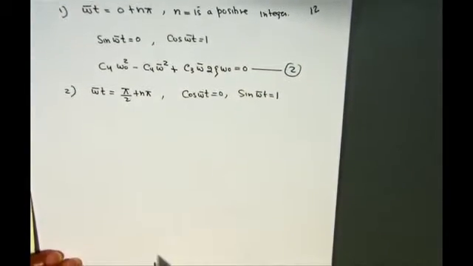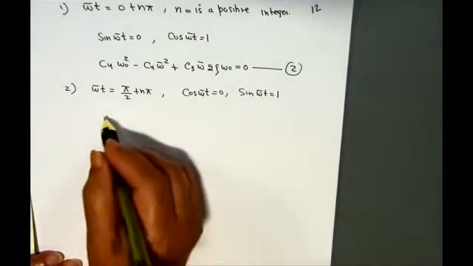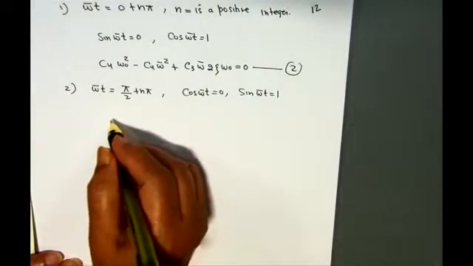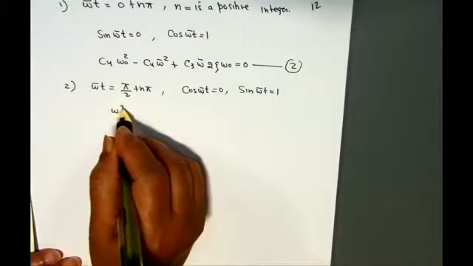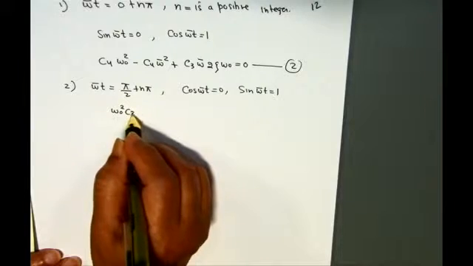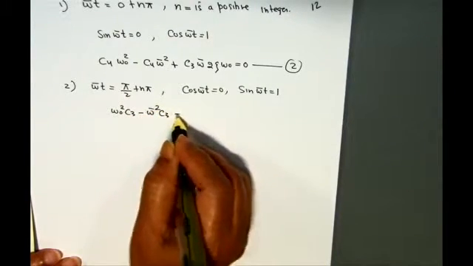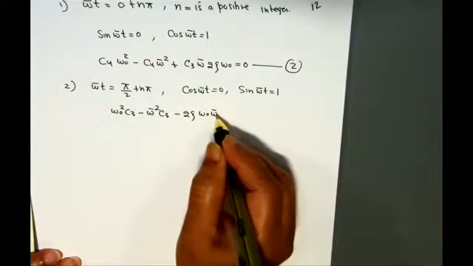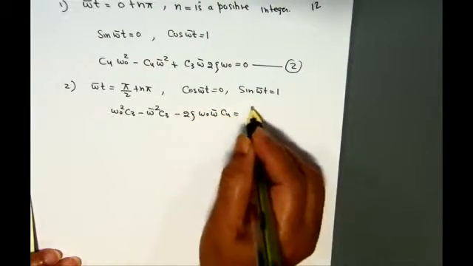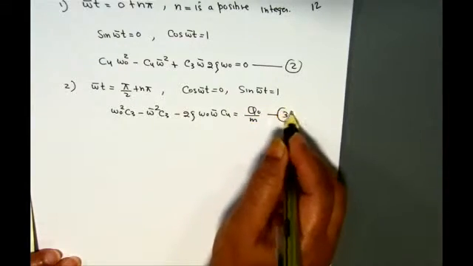If we substitute these values in the previous equation, we will have the following equation: omega 0 square C3 minus omega bar square C3 minus 2 zeta omega 0 omega bar C4 is equal to Q0 over m, and let us call this equation 3.